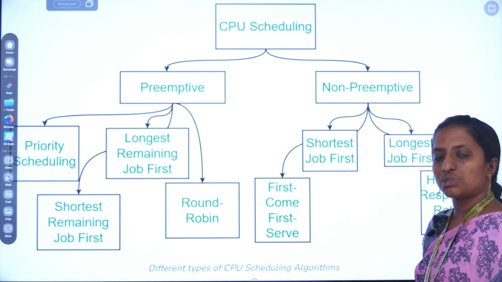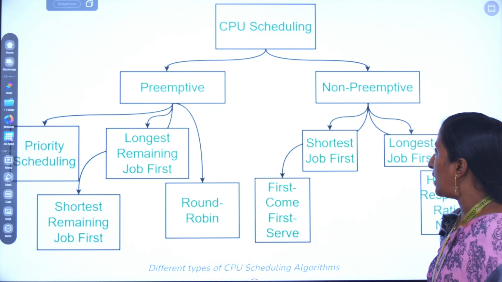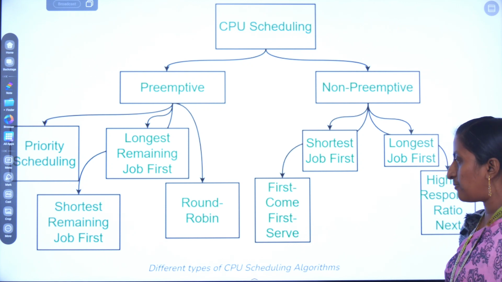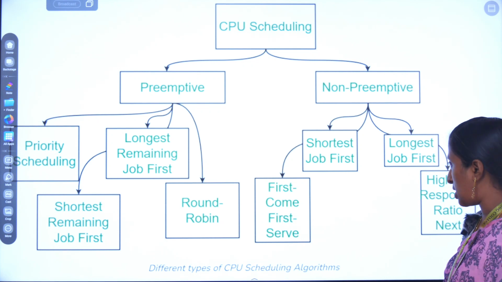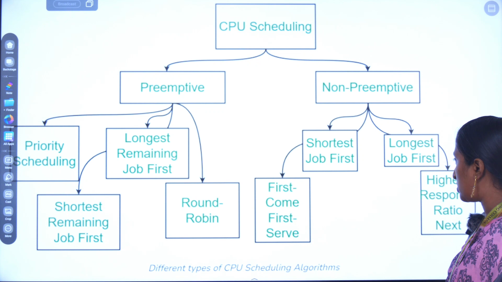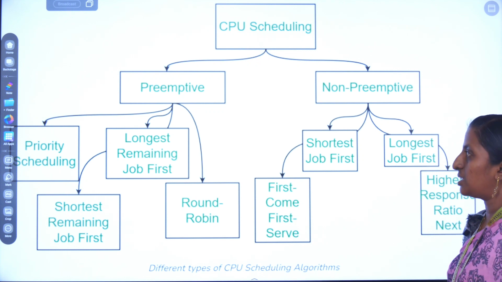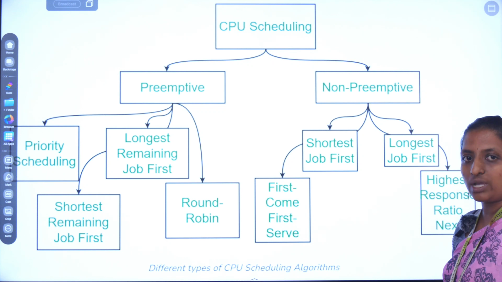All this comes under preemptive scheduling. And next one is non-preemptive scheduling. In this you will have FCFS, that is first come first serve scheduling, SJF, that is shortest job first scheduling, longest job first scheduling, and highest response ratio next. So these are the various CPU scheduling algorithms.